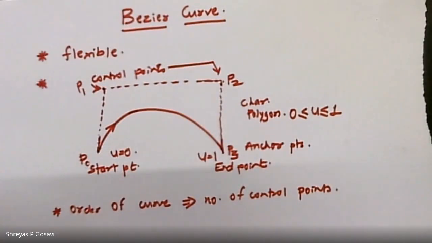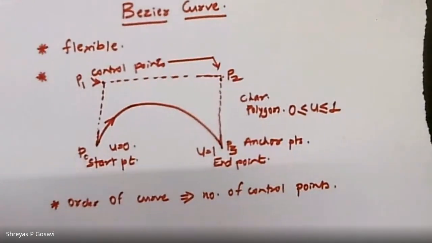To define the Bezier curve, the data points for the control points have to be defined. These points form the Bezier characteristic polygon.